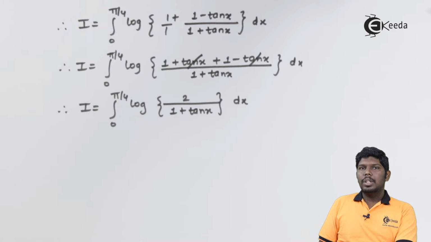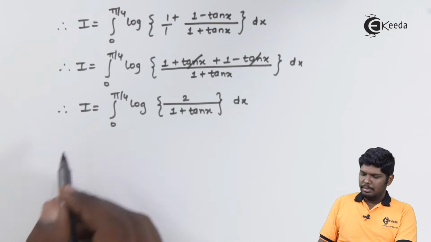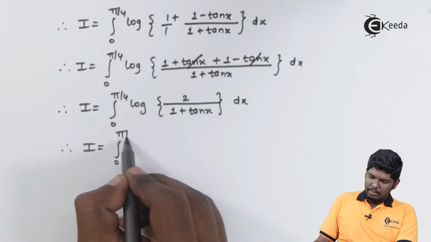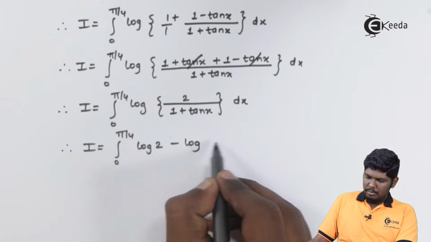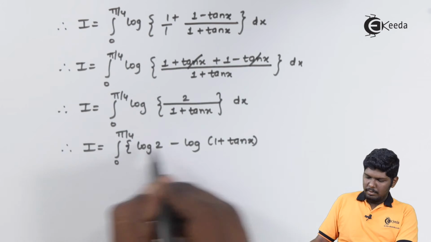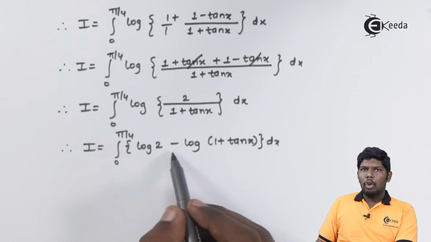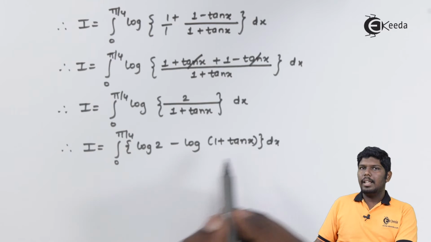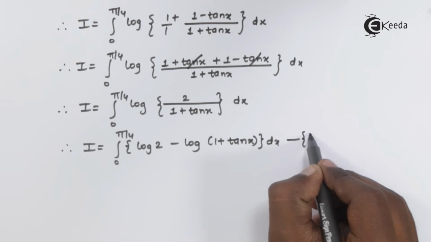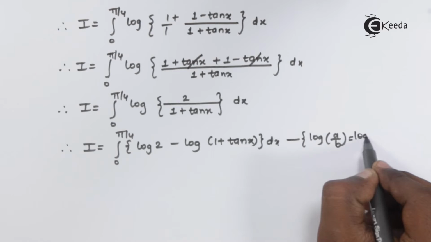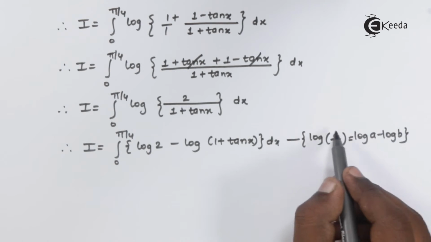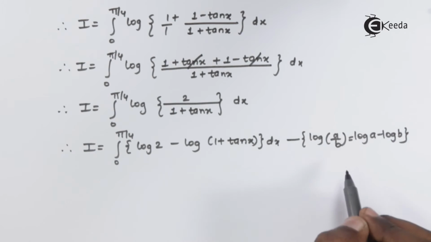Now here you can use the formula of log a by b, that is equal to log a minus log b. Therefore we have integral 0 to pi by 4 log 2 minus log of 1 plus tan x dx. As log of a by b is equal to log a minus log b.